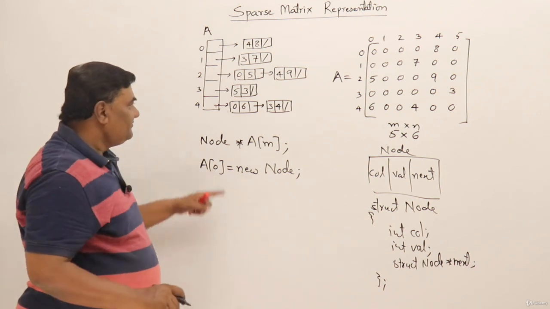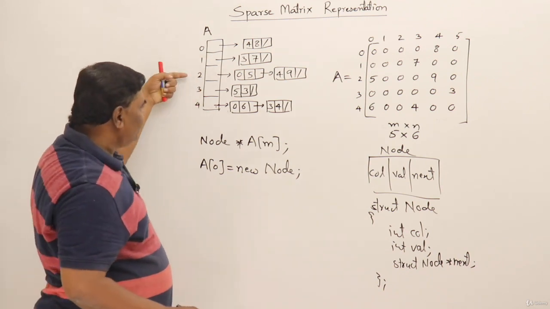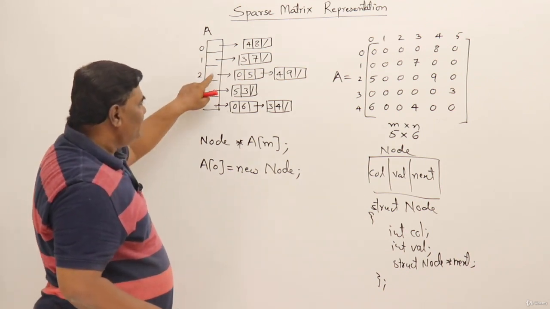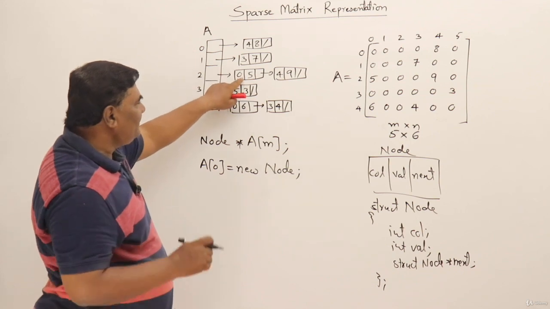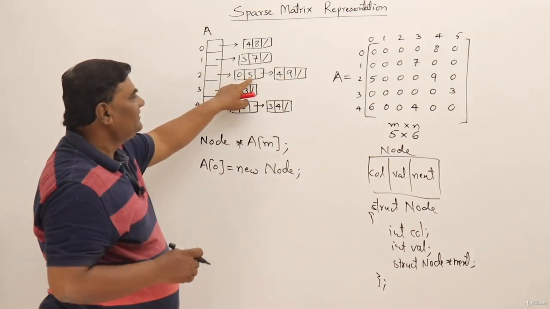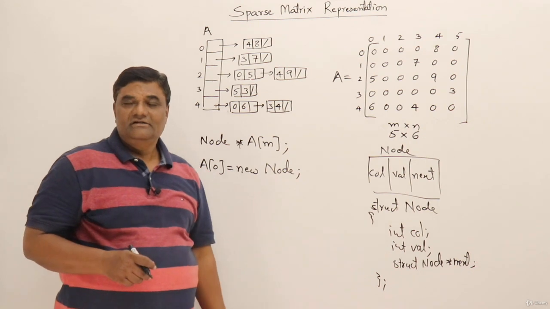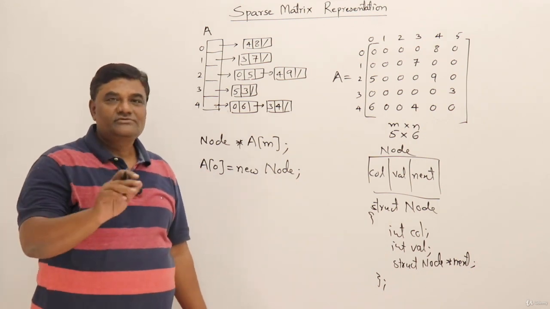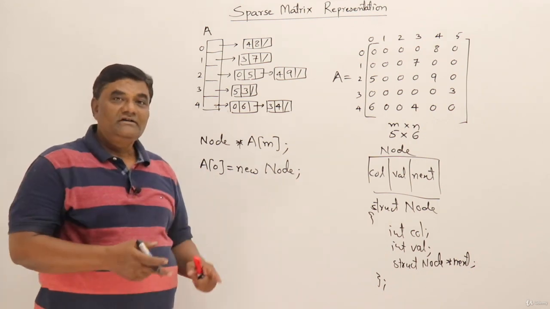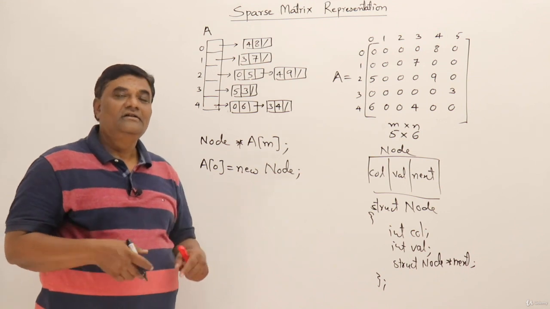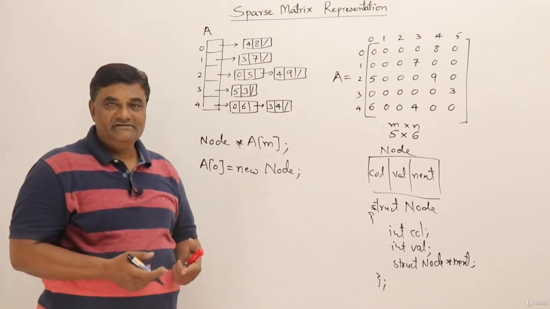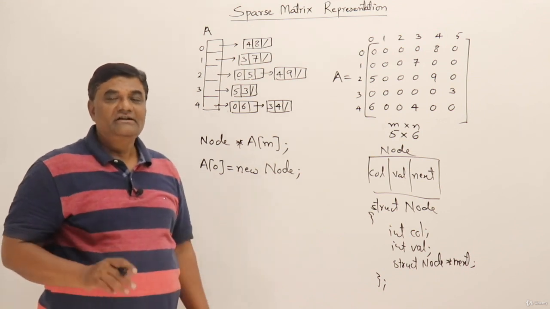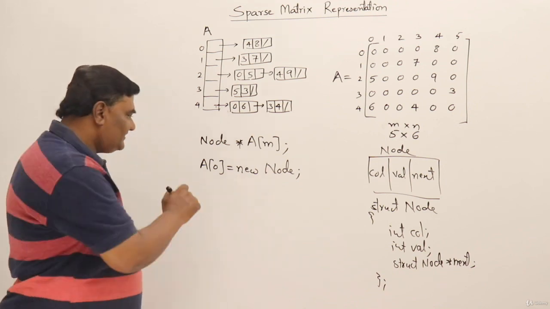For a given row number, that is, at that particular index, you can create a node having column number and the non-zero element, and you can form a linked list. So this is a student exercise for creating a sparse matrix, adding two sparse matrices, or displaying a sparse matrix. These are the things that you have to do. So I'll just list them out.